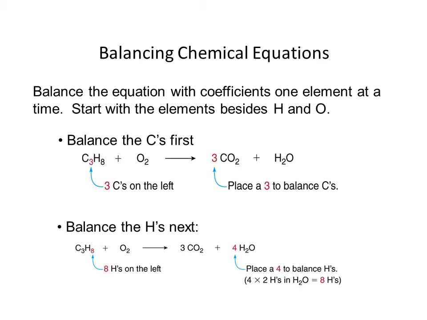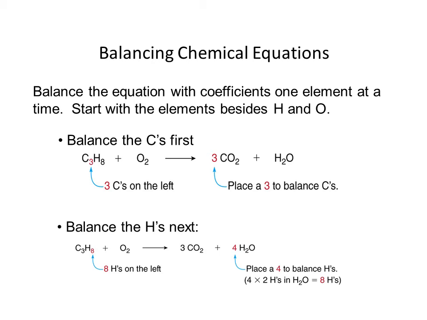The first one that we will balance in this reaction will be carbon, because we want to do something besides hydrogen and oxygen. If I look on the left side of the equation, you will see that in the reactants we have 3 carbons. In order to make it so that the number of carbons is the same on the product side, we put a coefficient of 3 in front to say now that there are 3 entire carbon dioxides that are formed.